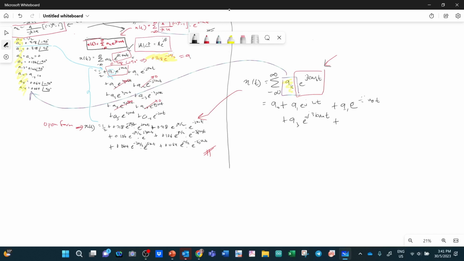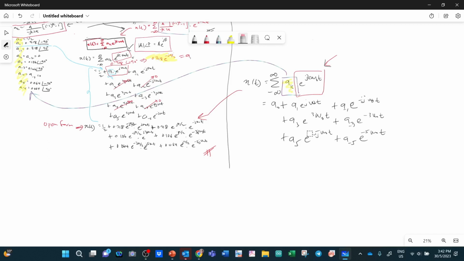So I write directly ω only: e^{-jω t}, then this one is 3ω t, plus e^{-j3ω t}, plus a5 e^{j5ω t}, plus a_{-5} e^{-j5ω t}.